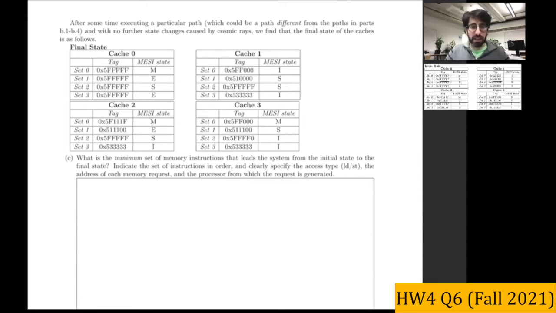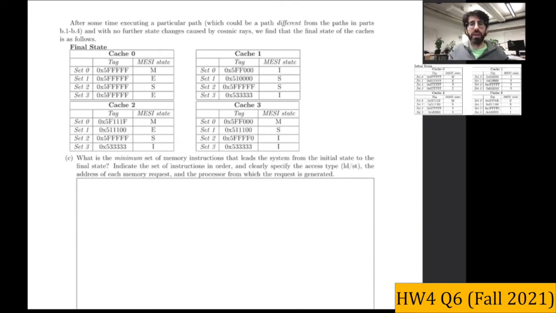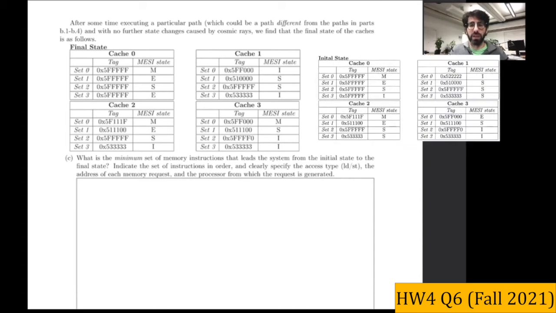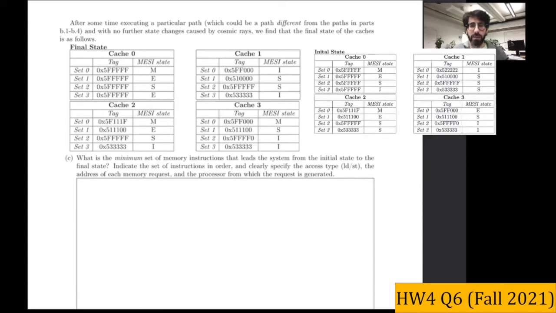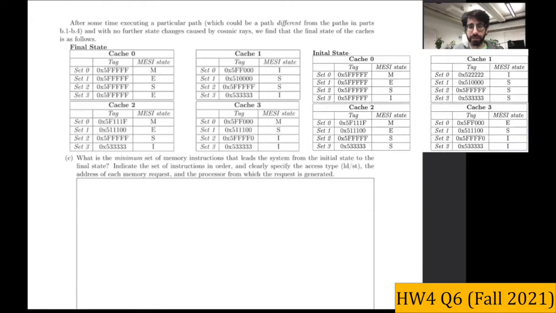Indicate the set of instructions in order and clearly specify the access type, load or store, the address of each memory request, and the processor from which the request is generated. Okay, we have the final state, and here on the right, we have the initial state.